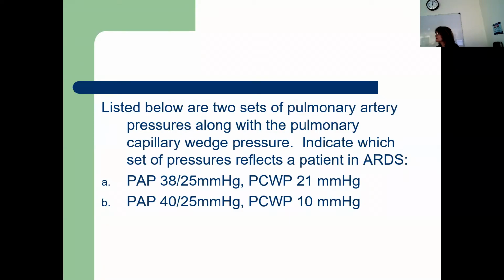Right? Yeah, above 12. Well, what you're thinking of is at what point do you start seeing infiltrates on X-ray? The pulmonary edema shows up when the wedge pressure is more than 17. That's when you start seeing pulmonary edema on the X-ray.